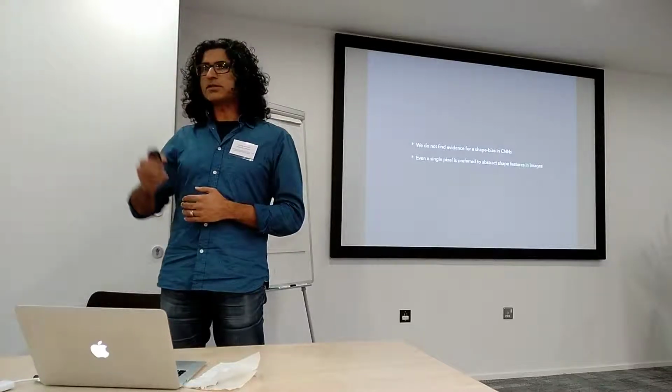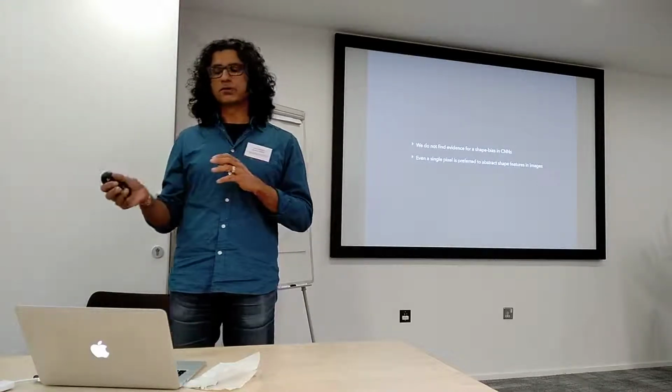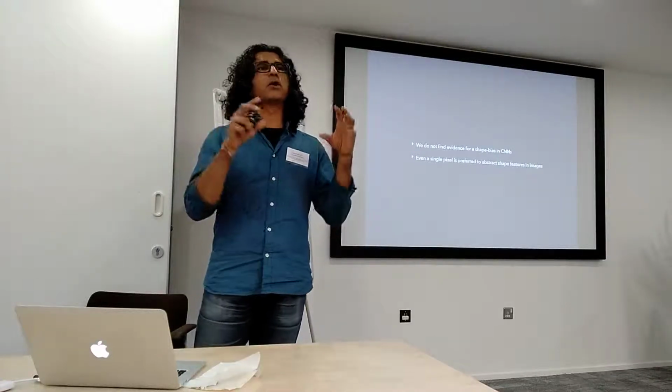Okay, so to conclude, what we wanted to test was whether human vision and convolutional neural networks are trying to solve this problem of classification in a qualitatively similar manner.